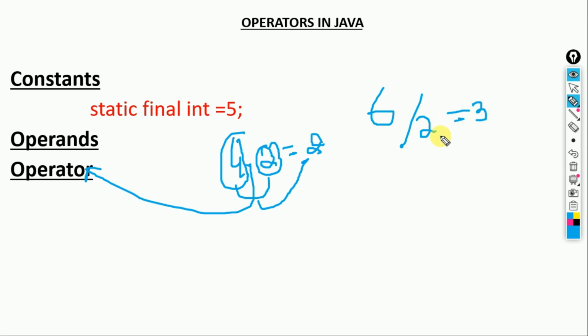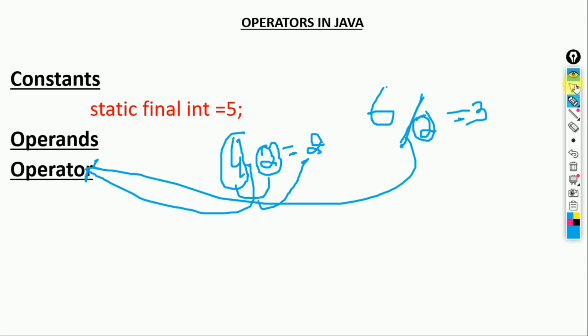Here the divide acts as an operator which tells 6 and 2 what to do. 6 divided by 2 is 3. So this was the operator that is used in Java.